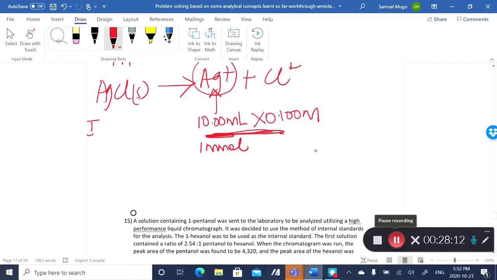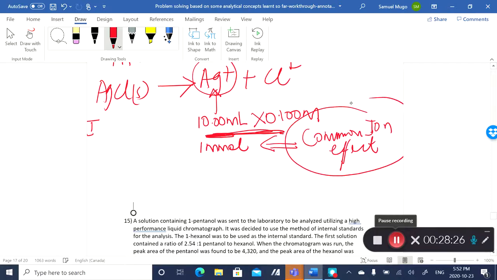Okay, so essentially, I would like you to see that this one really is what you call the common ion effect, which we covered already in the equilibrium introduction. So this is a common ion effect problem. And we know by Le Chatelier's principle, the common ion effect situation makes the salt less soluble.